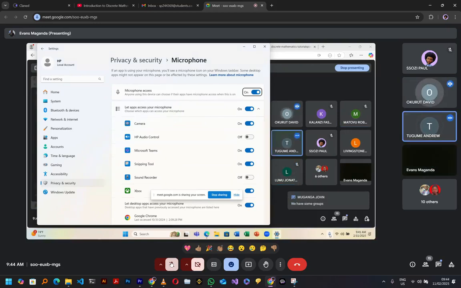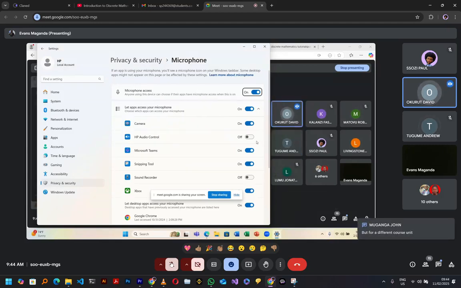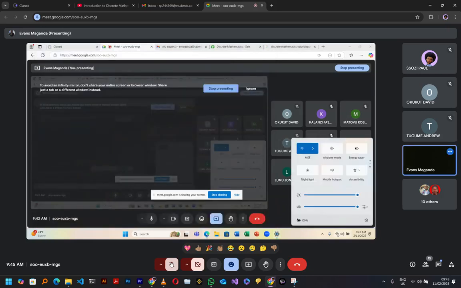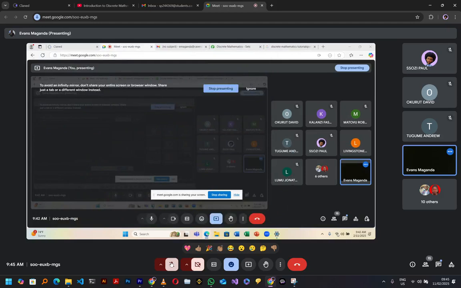The groups we have are for different classes. Even if you have them for different course units, you can still use them.